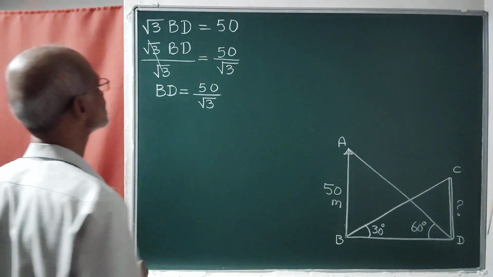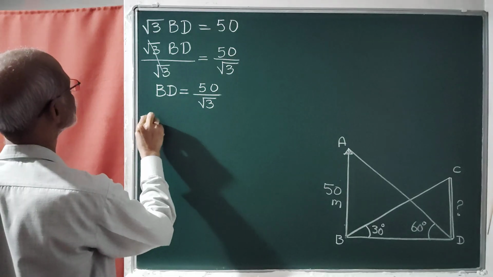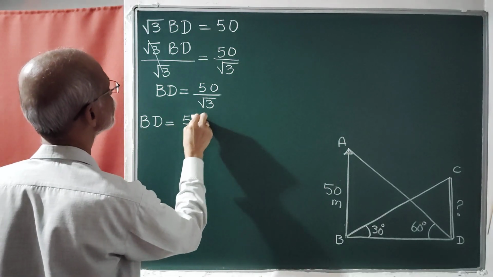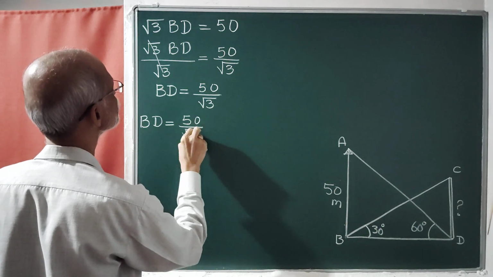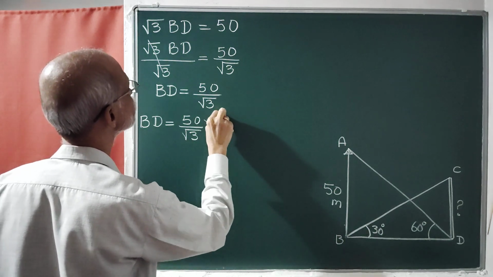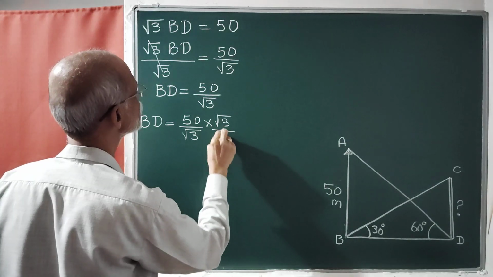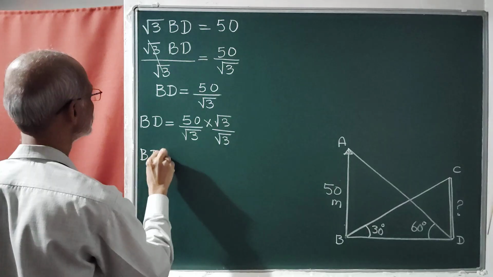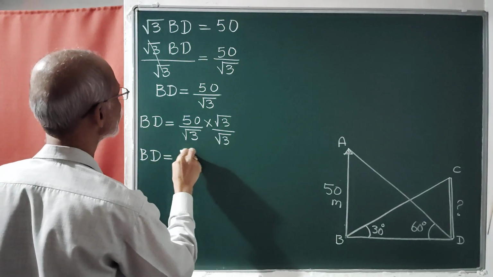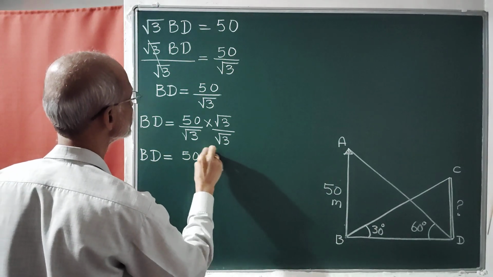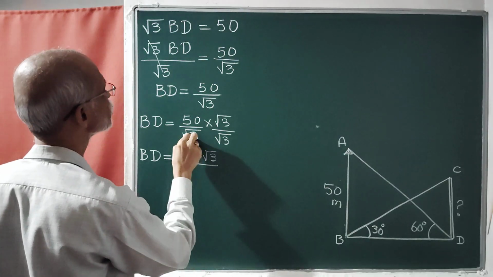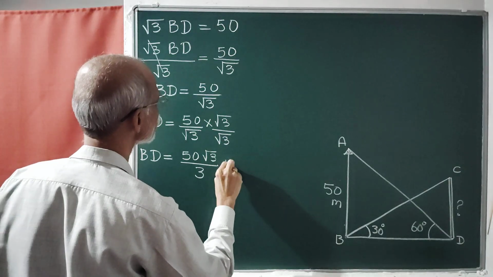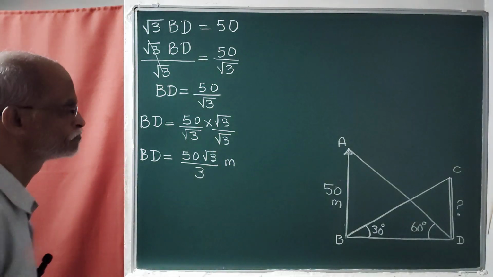Now I will rationalize the denominator. So BD will be equal to 50 by root 3 into root 3 by root 3. So BD will be equal to 50 root 3 by 3. Root 3 times root 3 is 3. So we got BD.